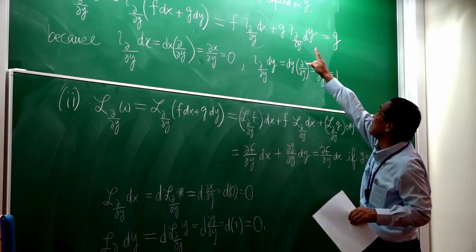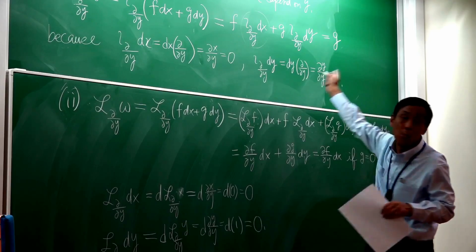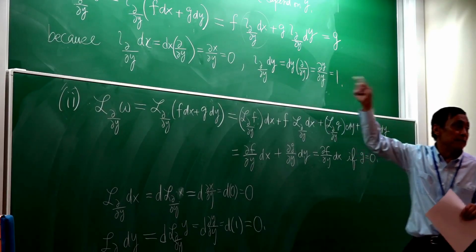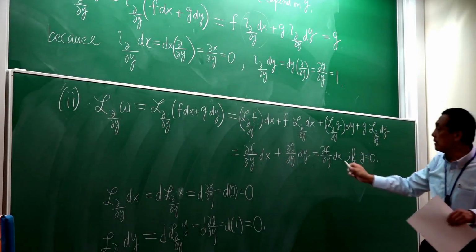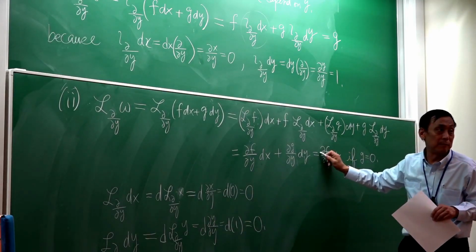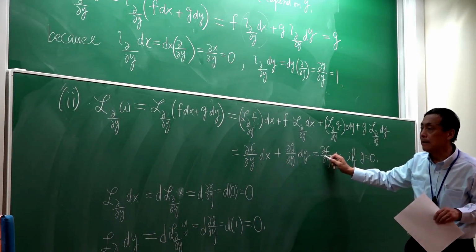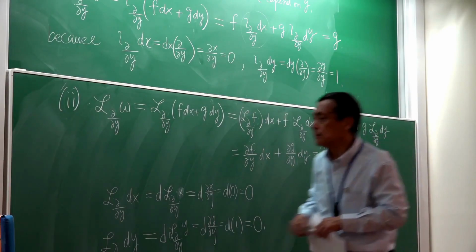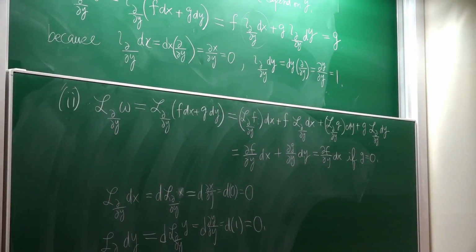The second condition is that f does not depend on y. So f is a function of x alone, and in that case, this will be 0.